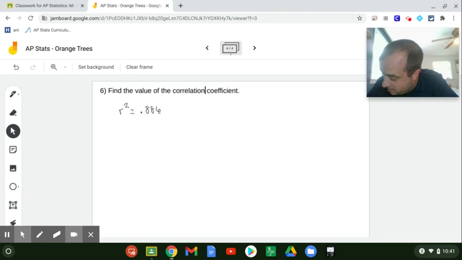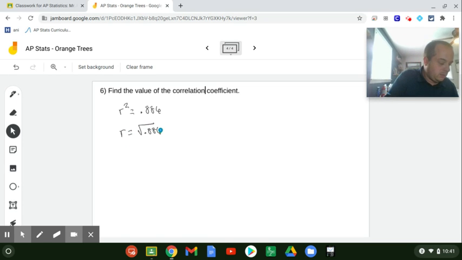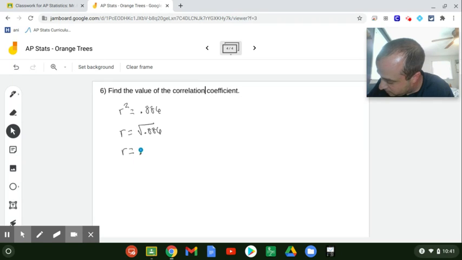So r is equal to the square root of 0.886. So if we do that out on our calculator, okay, we get r is equal to about 0.941. All right.